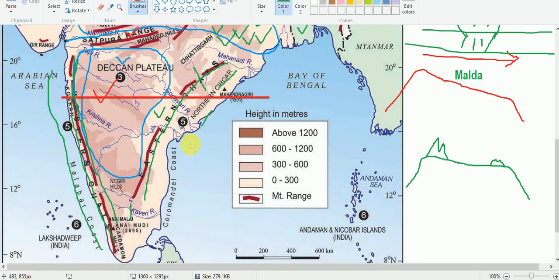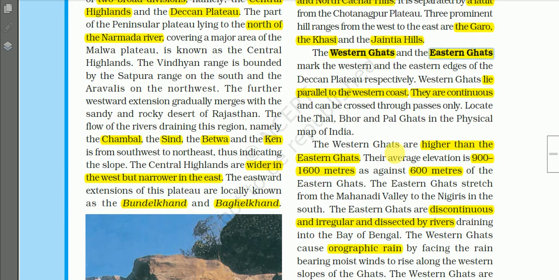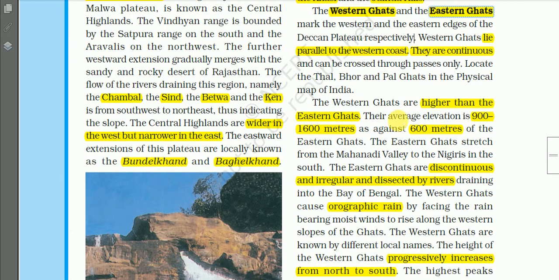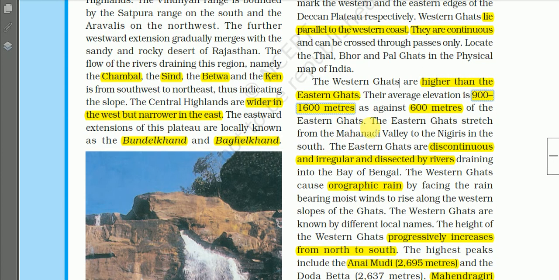The Western Ghat is continuous, and the Eastern Ghat is broken at many places due to the big rivers, because it has been cut by the big rivers. Another point of difference is that the Western Ghats are higher than the Eastern Ghats. Their average elevation is 900 to 1,600 meters as against the 600 meters of the Eastern Ghats.